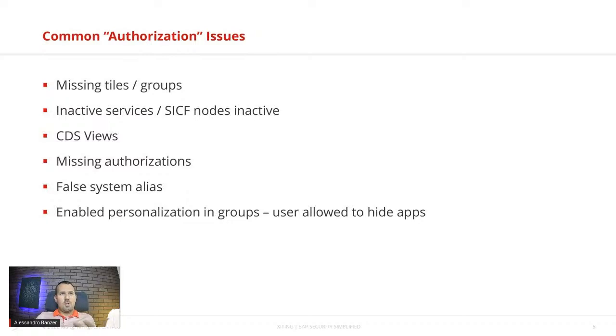Also here, especially when it comes to missing services that are not activated, or SICF nodes that are not active, I would say that was more of a problem a couple of years ago than it is now, because now we have different ways to implement Fiori. We have the task list in ST01, where we can activate all the services and the content for Fiori through a task list.